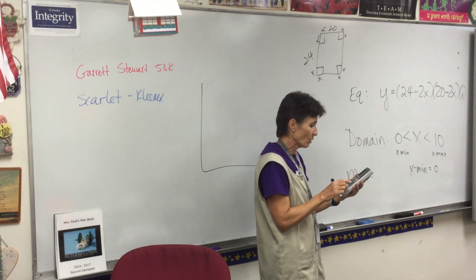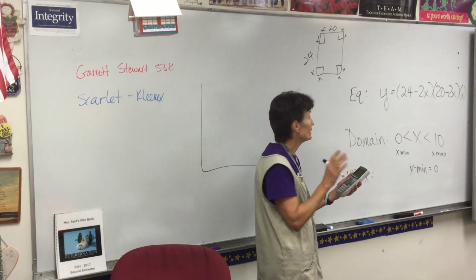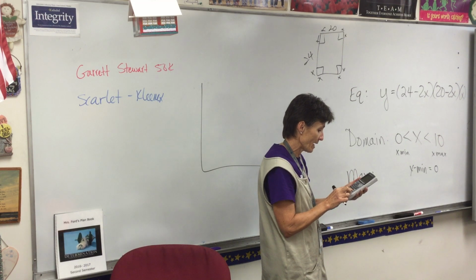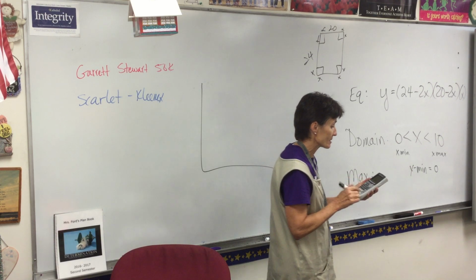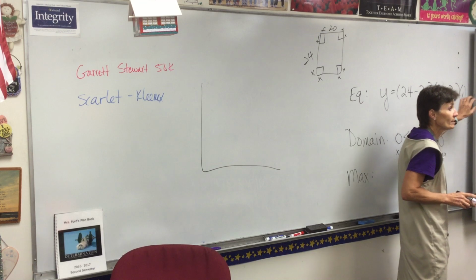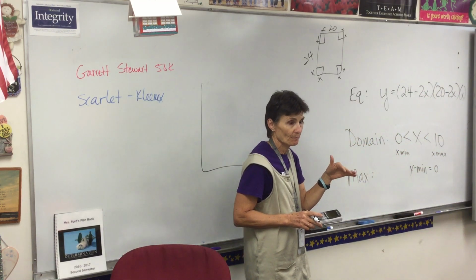So we go to y equals, you can clear out everything that's in there, just hit clear, and then type in your new equation. 24 minus 2x, 20 minus 2x, and x. And again, that last x, you can put it in parentheses or not. It doesn't matter.